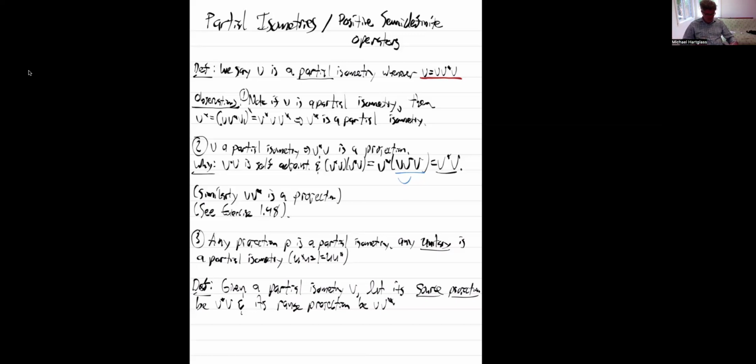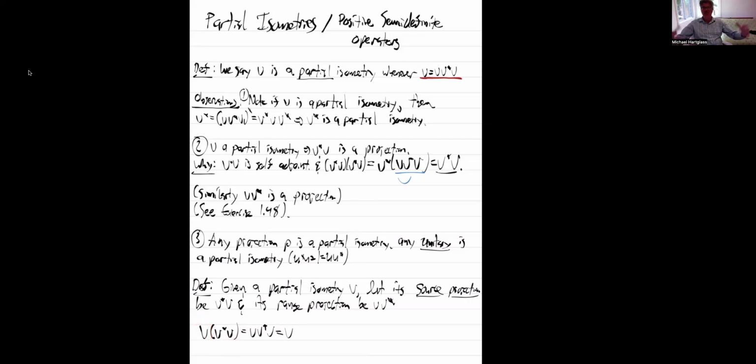Why do we call them that? Well, if I take a V, you want to think of it as going from the source to the range. And so the idea is that if I put what should be my source here, that's V V star V, and we saw that that was just V. So multiplying by the source projection does nothing.